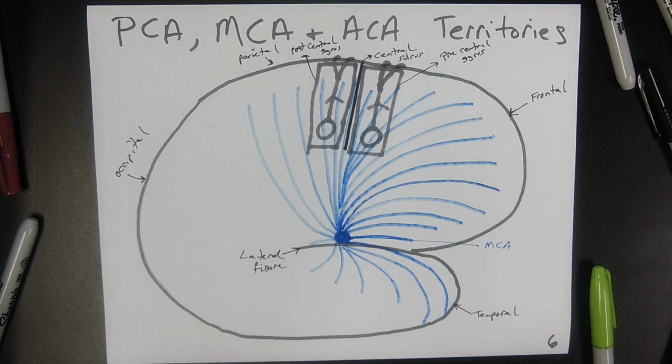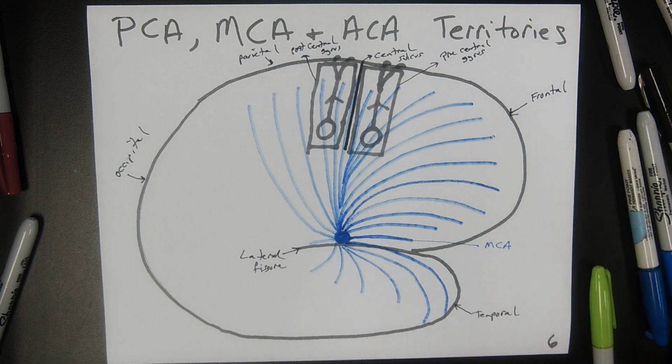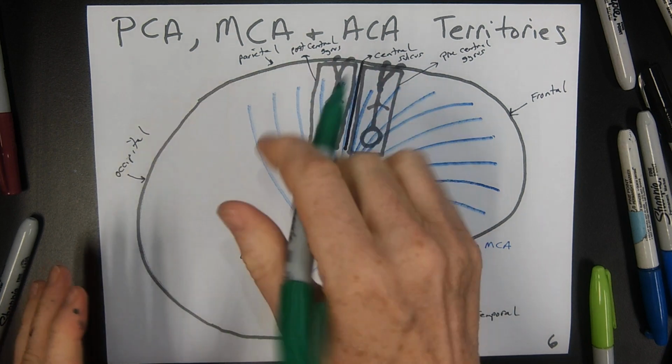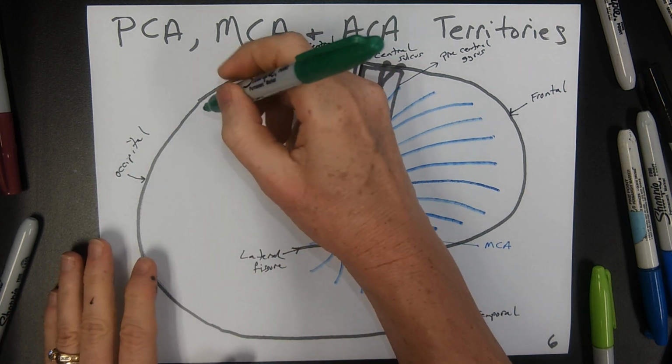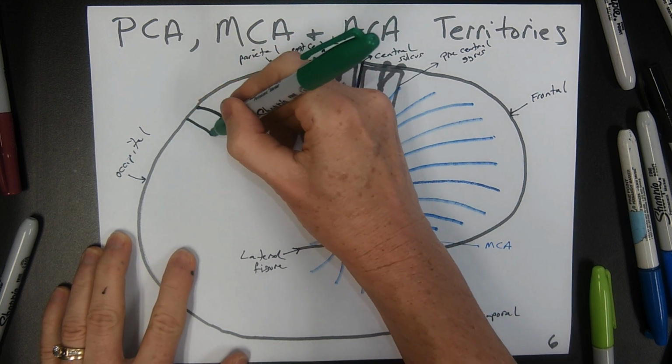Let's go back and look at the PCA territory. Since the PCA was part of the vertebral-basilar system, I'll stick with the green. And the PCA territory, remember the PCA comes up and shoots all the way through, okay? And the PCA is going to supply this area of the brain.